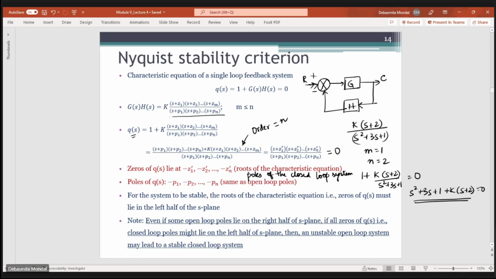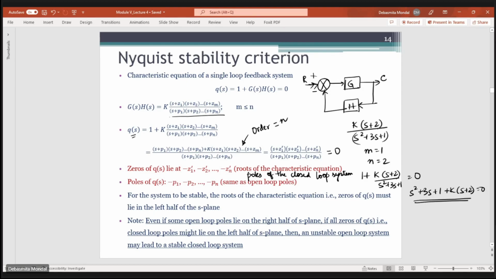Now note one more thing: you might have a system where some of the open loop poles lie on the right half of the S-plane. That means the open loop system is going to be unstable.